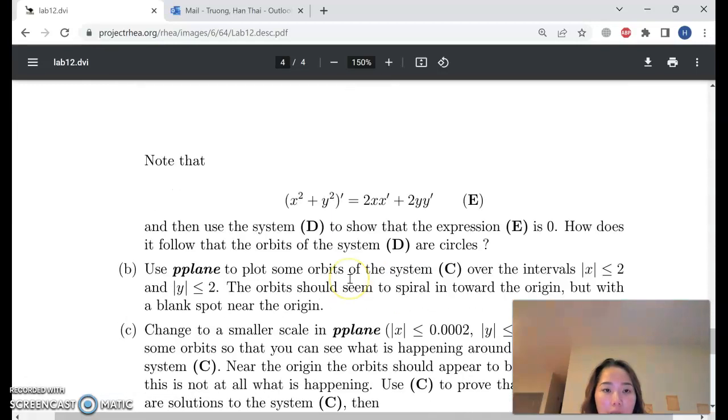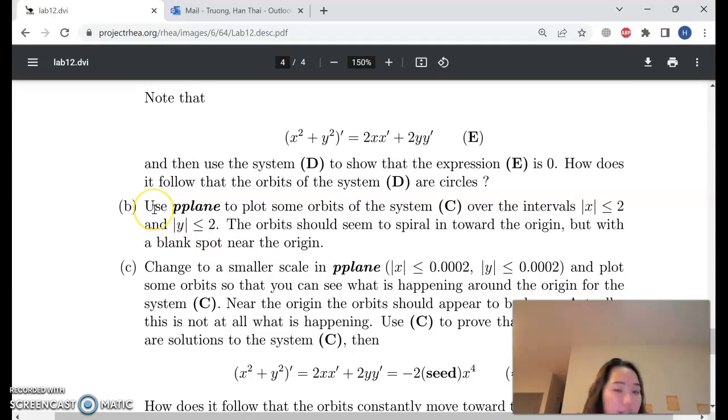For part B, again use pplane to plot some orbits of system C over the interval -2 to 2, and it's going to seem like it spirals towards the origin, but with a blank spot near the origin.